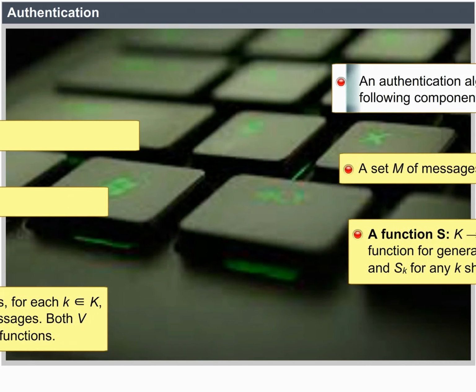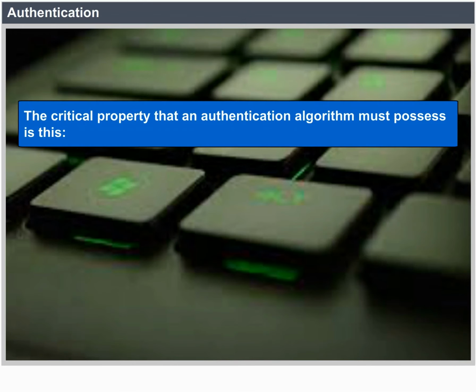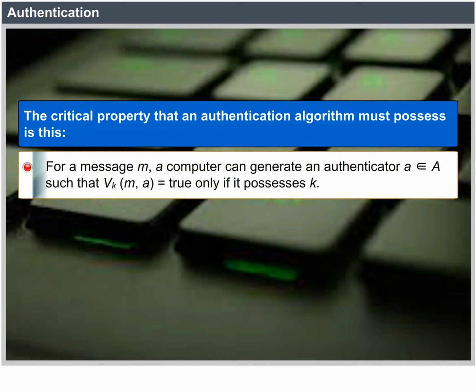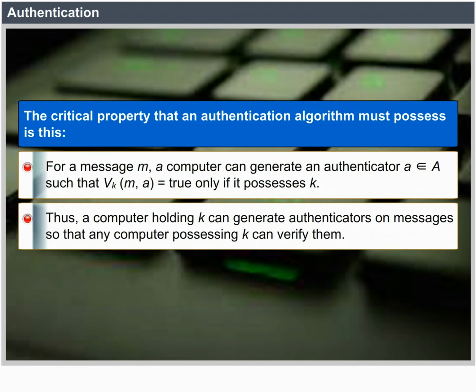The critical property that an authentication algorithm must possess is this. For a message m, a computer can generate an authenticator a ∈ A such that V_k(m, a) = true only if it possesses k. Thus, a computer holding k can generate authenticators on messages so that any computer possessing k can verify them.